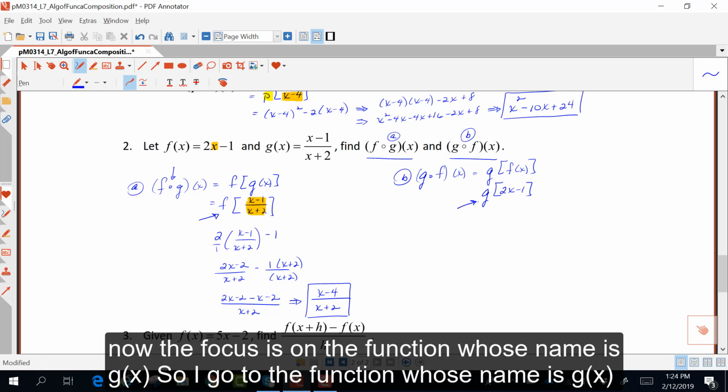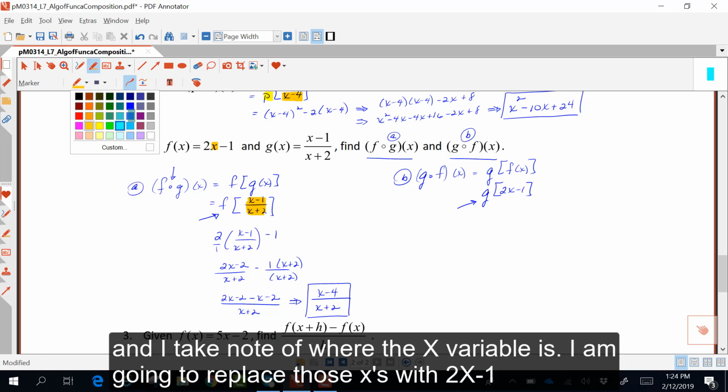Now the focus is on the function whose name is g of x. So I go to the function whose name is g of x, and I take note of where the x variable is. I'm going to replace those x's with 2x minus 1.